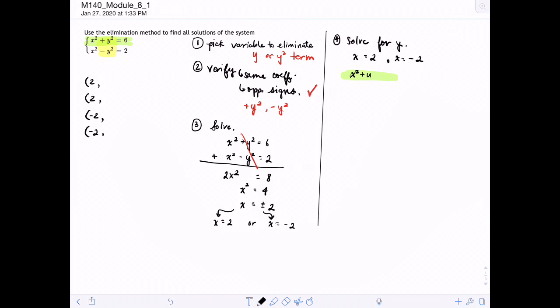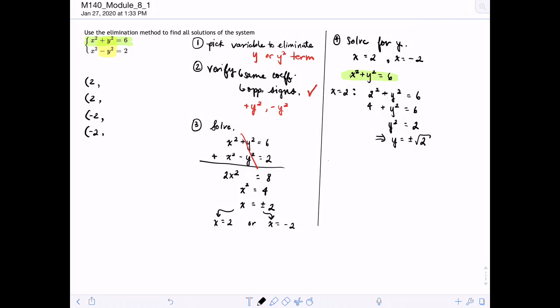So x squared plus y squared equals 6. Let's start with x equals positive 2. So 2 squared plus y squared equals 6. This means 4 plus y squared equals 6, and therefore y squared is equal to 2. This implies that y is equal to plus or minus the square root of 2.